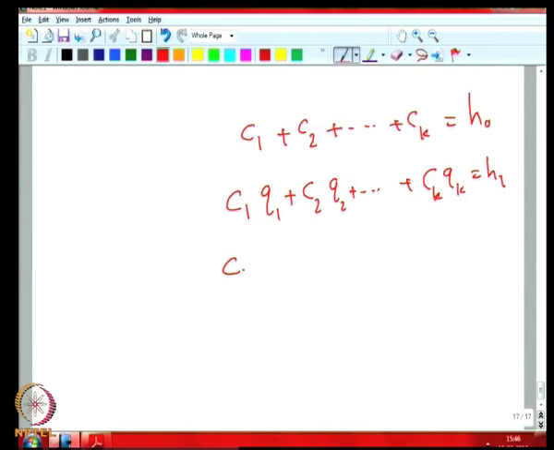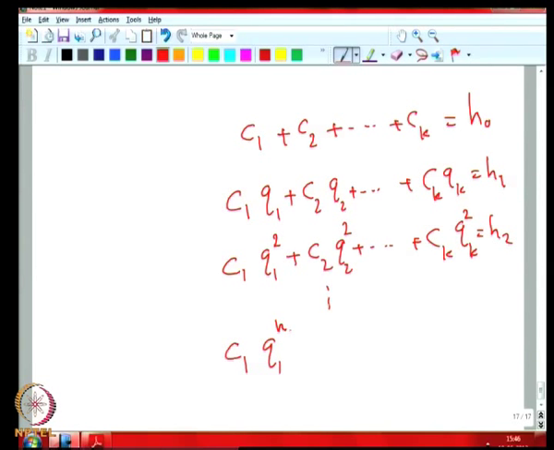Now, put n equal to 2, we get C1 q1 squared plus C2 q2 squared plus Ck qk squared is equal to H2. Like that, when you put n equal to k minus 1, we will get C1 into q1 raised to k minus 1 plus C2 into q2 raised to k minus 1 plus Ck into qk raised to k minus 1 equal to Hk minus 1.